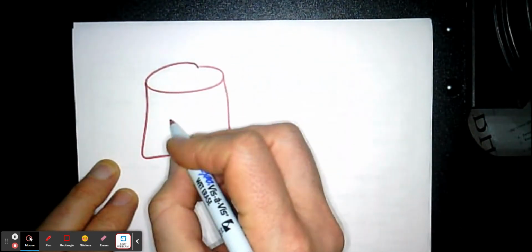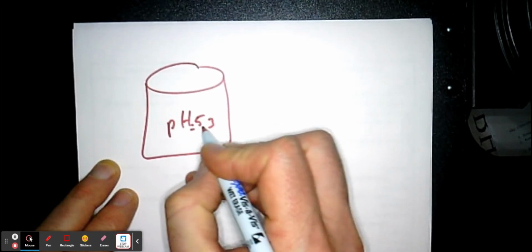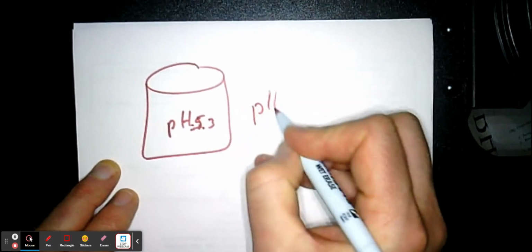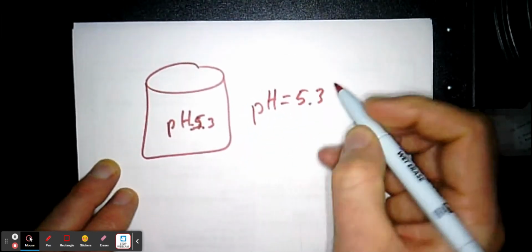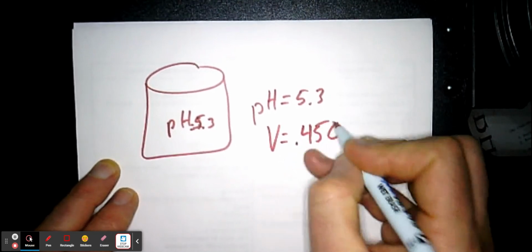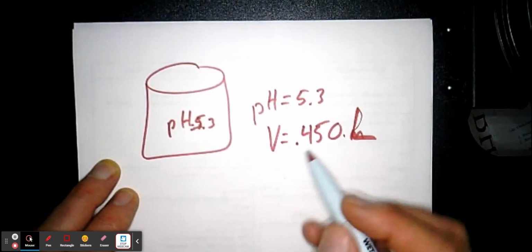I want my buffer to have a pH of 5.3. Okay? Now, pH of 5.3, and we'll just say we want volume 0.450 liters.